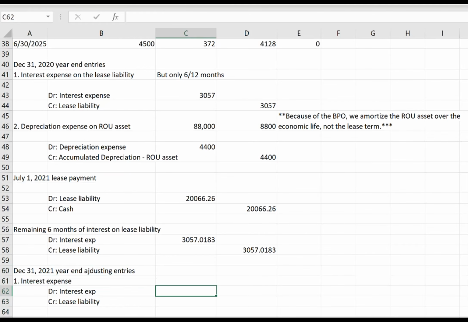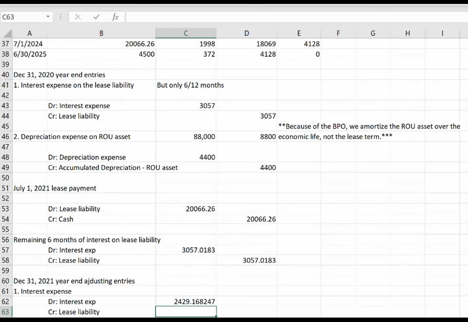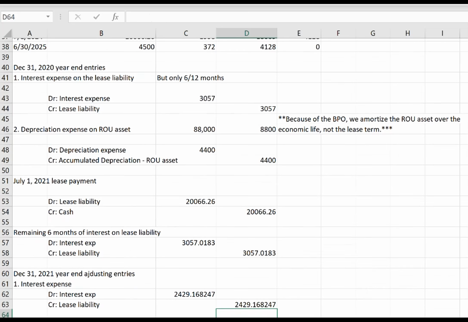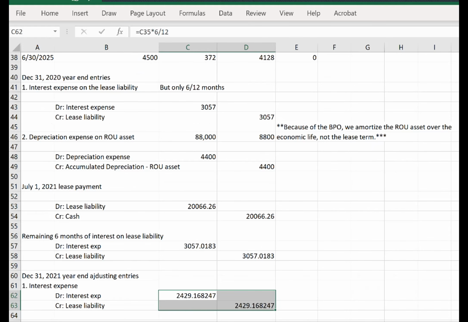And this is going to be our next year now. Remember how before we took in our amortization schedule, we took the 2021 number. Now we're taking 2022, even though we're at December 31st, 2021. And we're going to multiply this by 6/12 because it's still a half of a year. And this is going to be our interest expense here. Let's get rid of those annoying rounding issues.